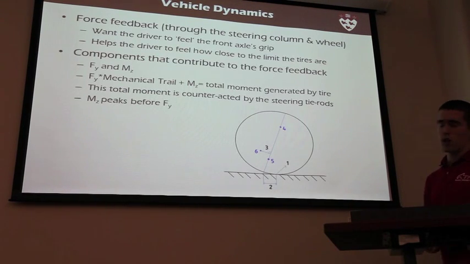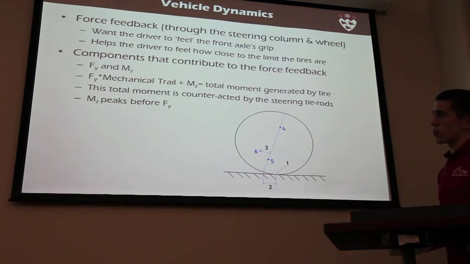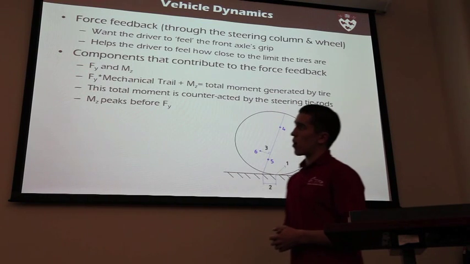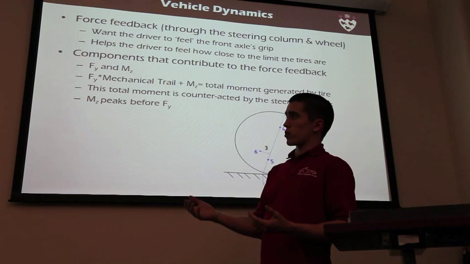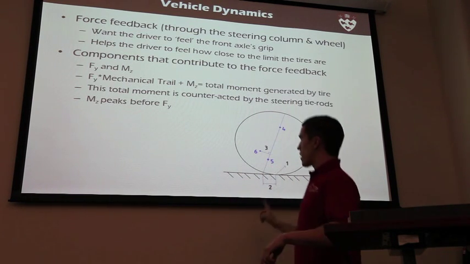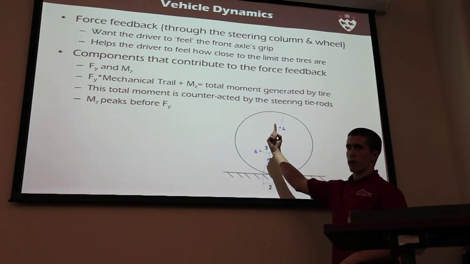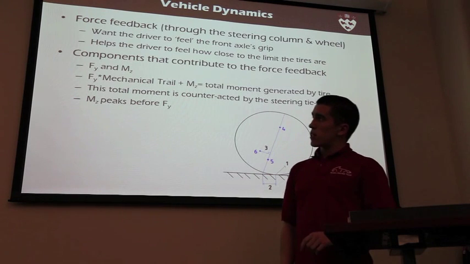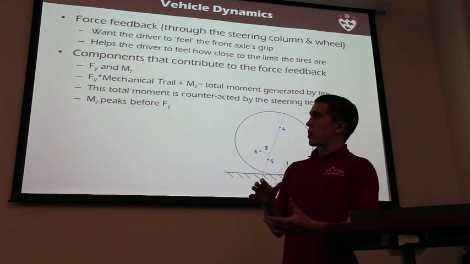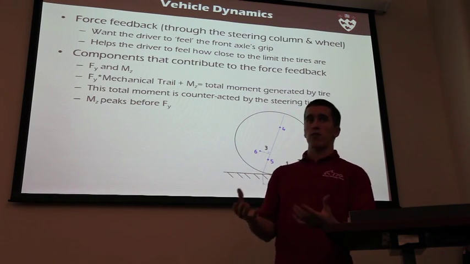So the forces that are transmitted through the steering system are guided by two things. The Fy, which is the lateral force generated by a tire, and Mz, which is the moment generated around an axis normal to the ground, so pointing upwards in that case. You want the steering feedback to help the driver get a feel of the front axle grip.